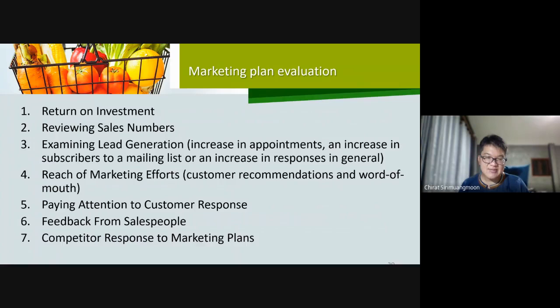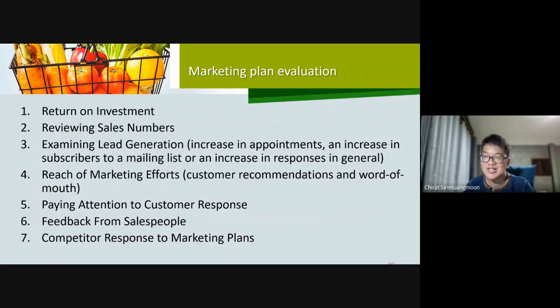Examine lead generation. Lead generation means possible future consumers. In this case, you can see it from increased appointments, like if some people like your products a lot, they're going to contact you a lot or do some business with you.